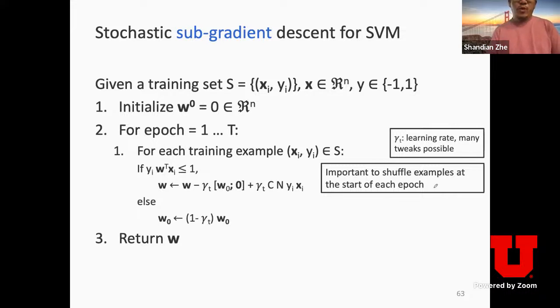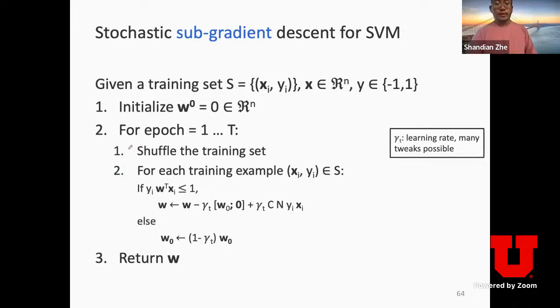And in practice, to be more stable and converge faster, in every epoch we usually randomly shuffle the entire data set, then sequentially go through the training examples to increase the chance that you see as many examples as possible. Okay, any questions so far for the whole stochastic subgradient descent learning framework for SVM?